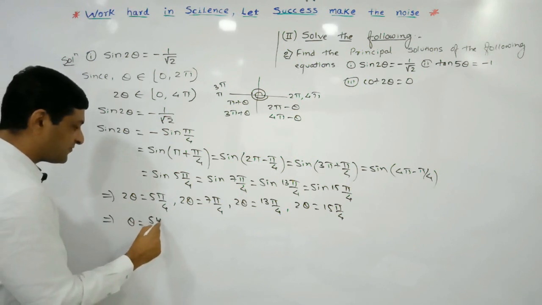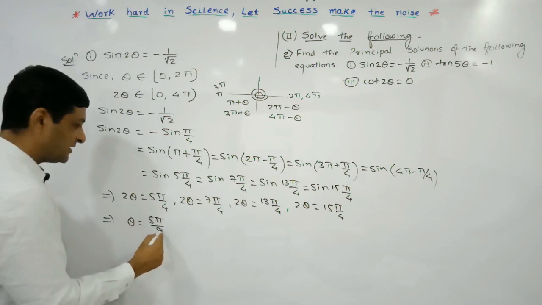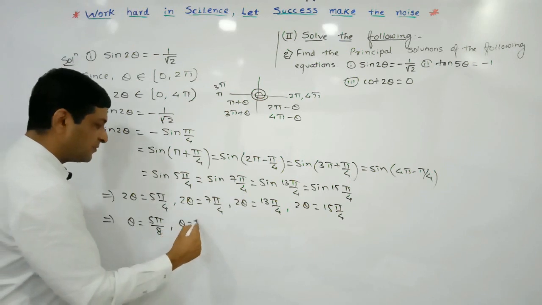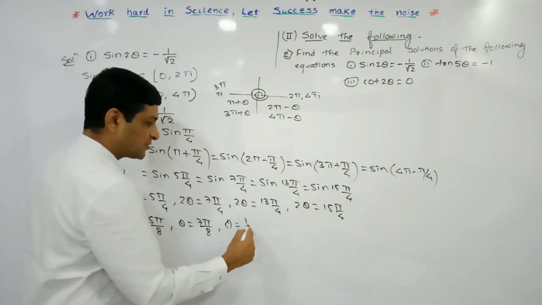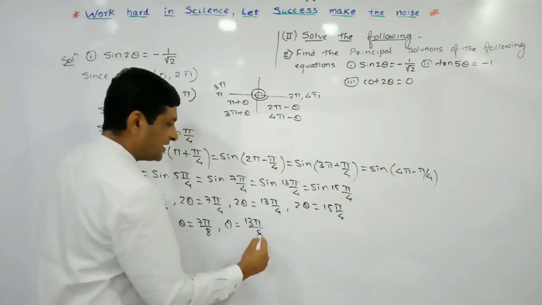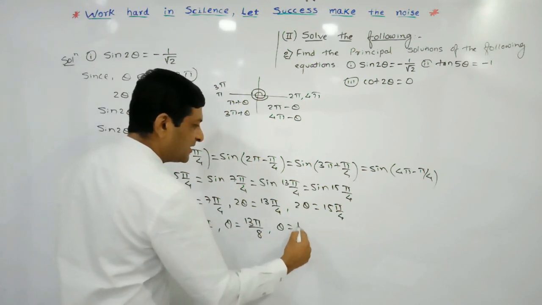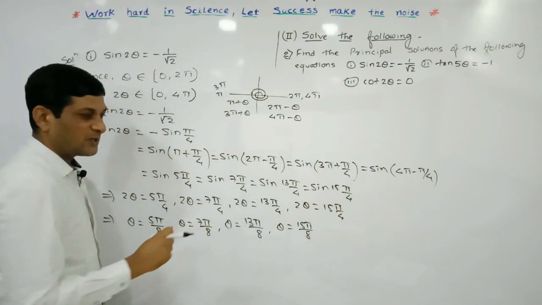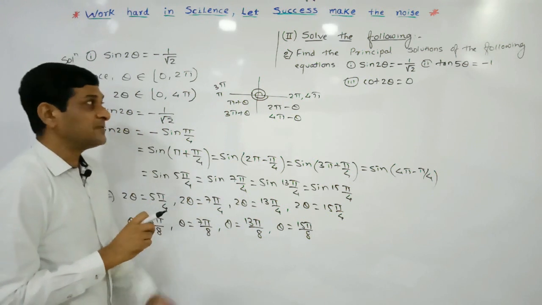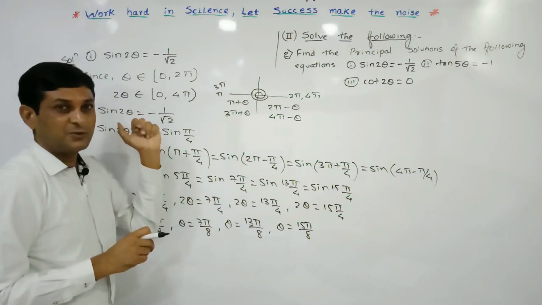So here we will get theta equal to 5 pi by 8. Here theta will be equal to 7 pi by 8. Here theta will be equal to 13 pi by 8, and lastly theta will be equal to 15 pi by 8. In this way we have got 4 values of theta, and these values lie between 0 to 2 pi.